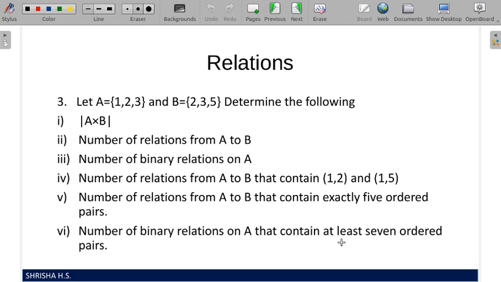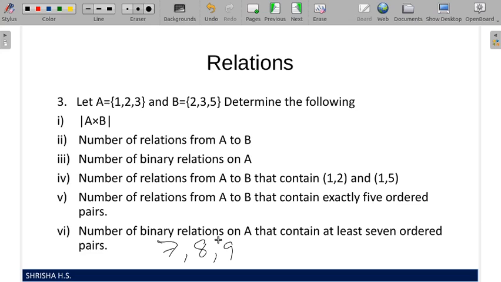So observe here, at least. If you had, suppose, exactly 7 ordered pairs, then 9C7 over. Okay, here it contains at least 7. At least 7 means it may have 7, 8 or 9, because the total ordered pairs possible is 9, as we have calculated before.